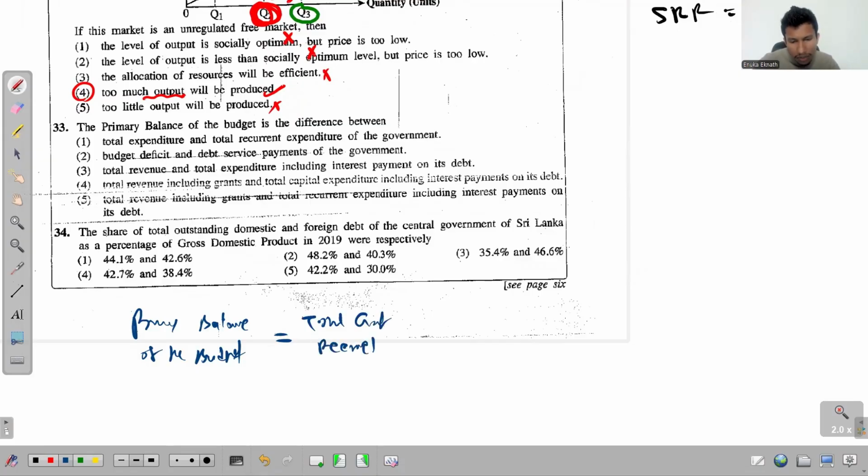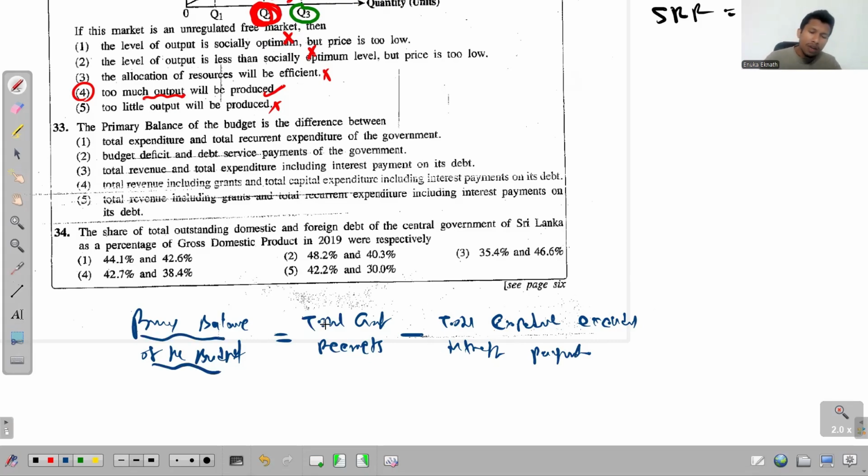When I say receipts, it includes both revenue and grants. From the total government receipts, we deduct total expenditure, remember, excluding interest payment. So this is the typical equation for calculating the primary balance of the budget.